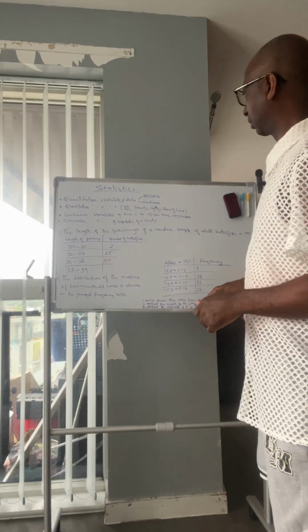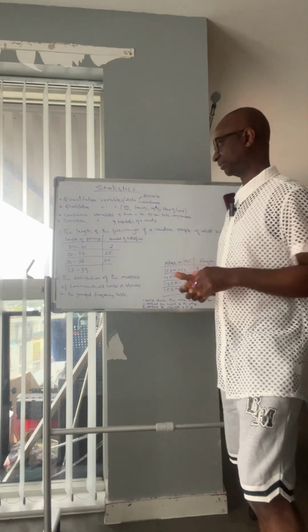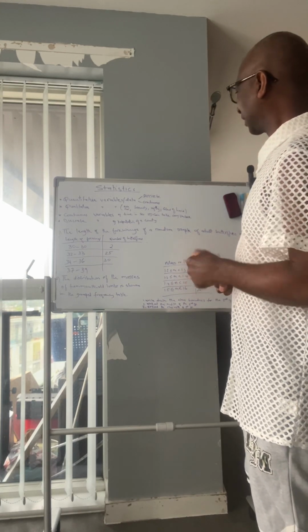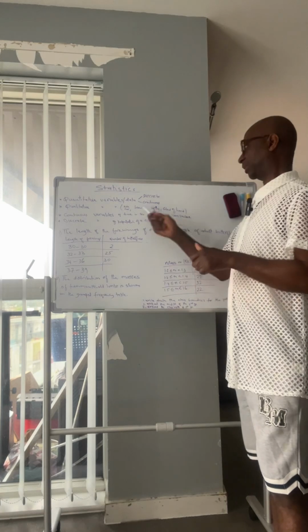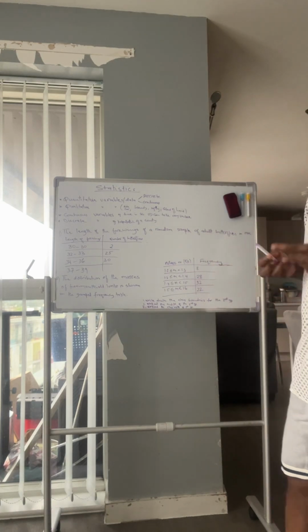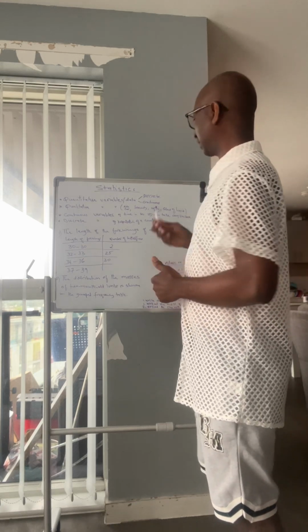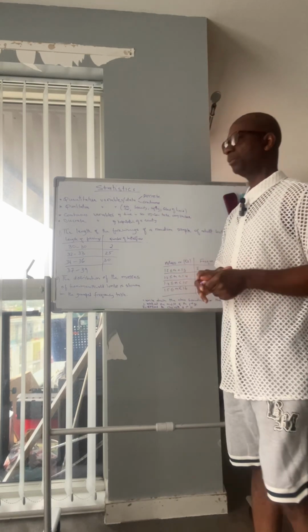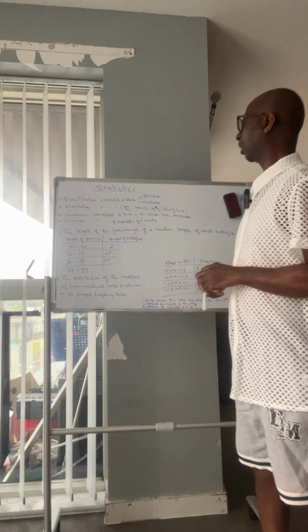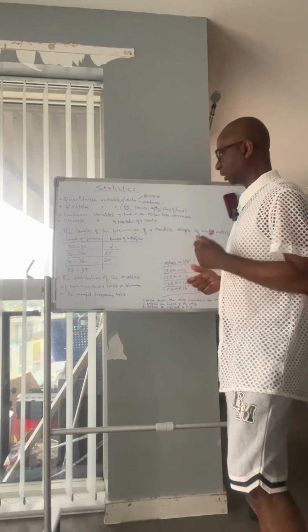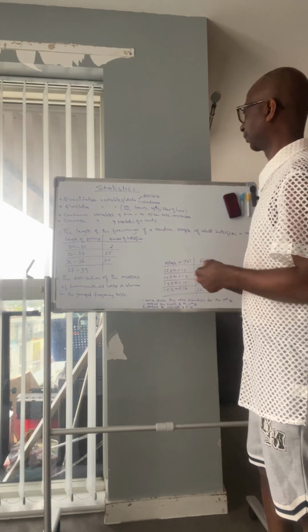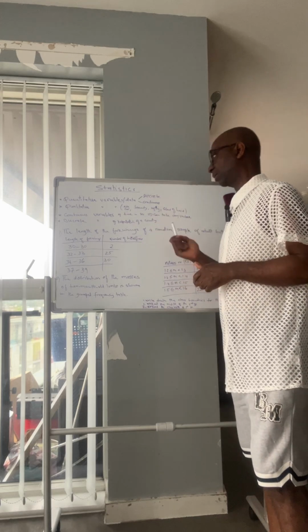You have what we call a quantitative variable or quantitative data. Quantitative variables or data come in two types. They can either be a discrete variable or discrete data, or a continuous variable or continuous data. We shall define discrete and continuous.